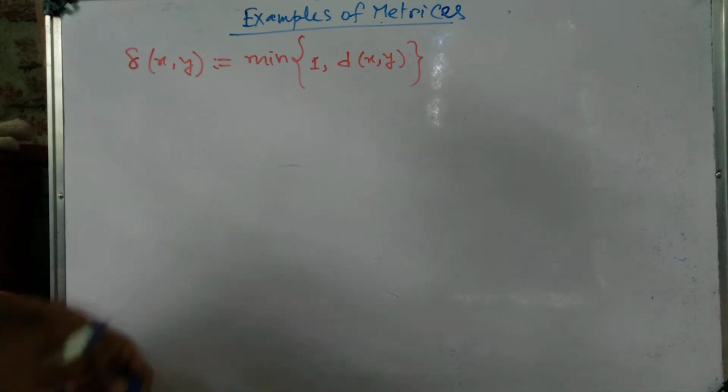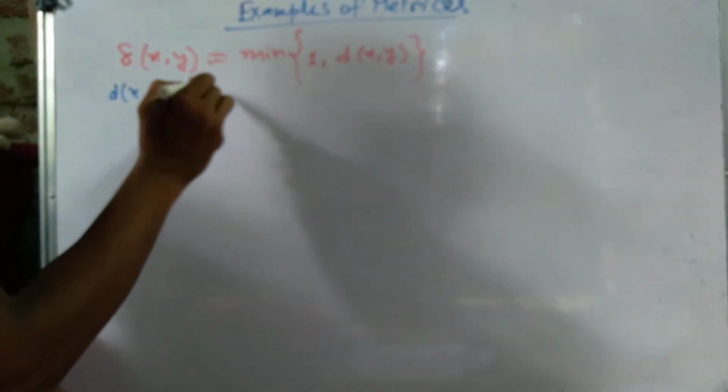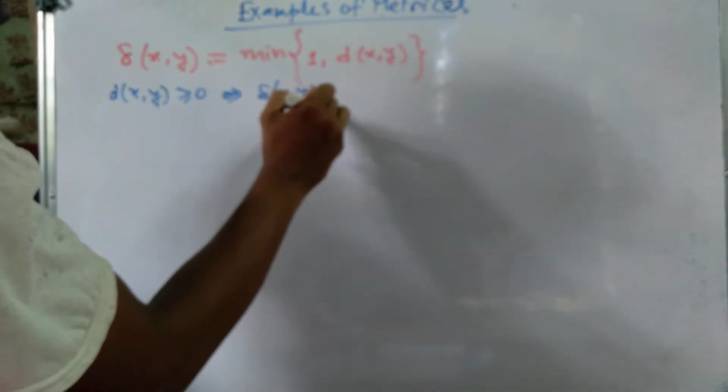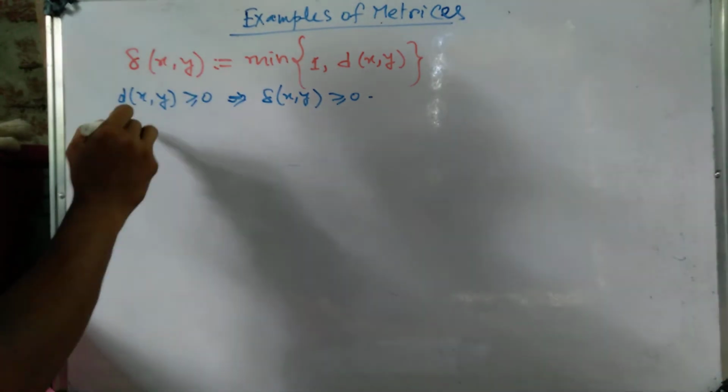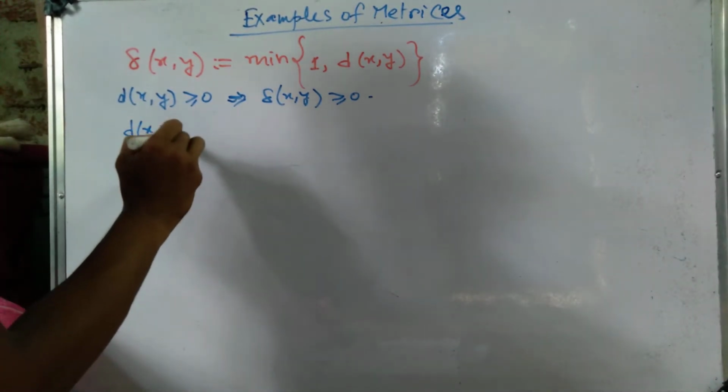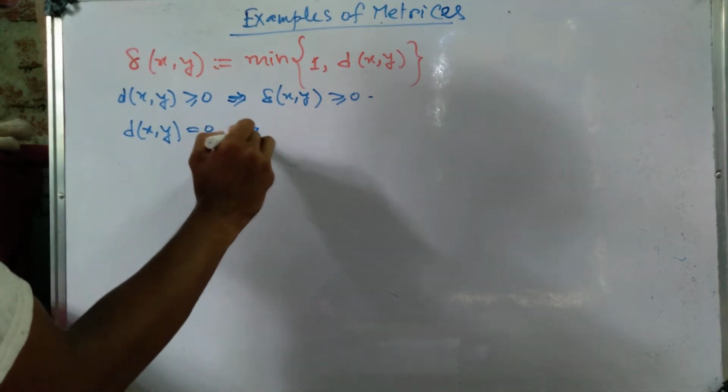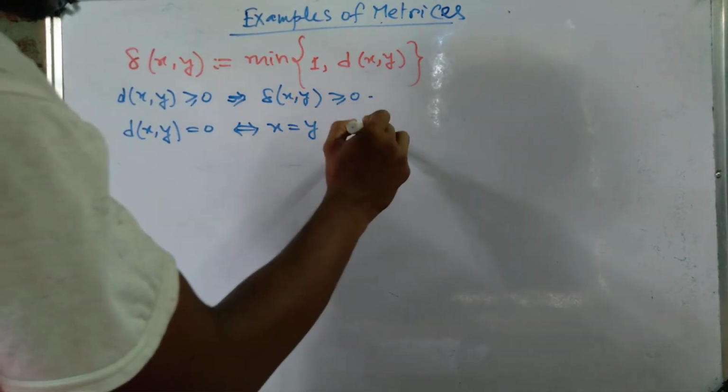What way to prove it? We know that dxy is greater than or equal to 0. This implies that delta xy is greater than or equal to 0. And also we know that dxy equal to 0 implies x equal to y.